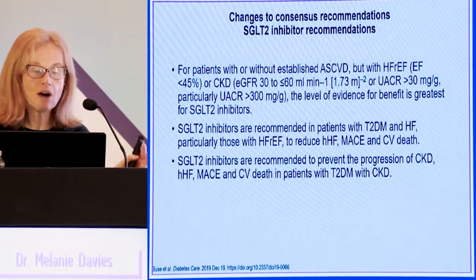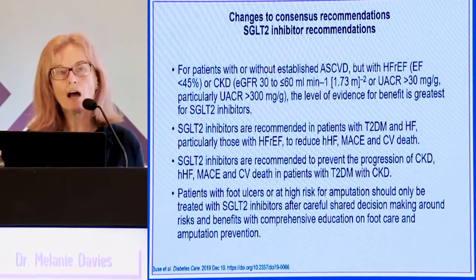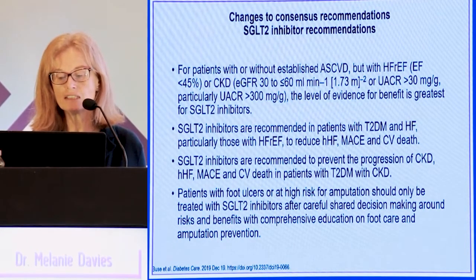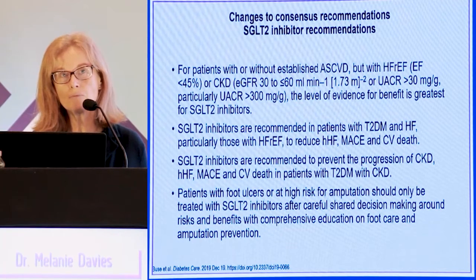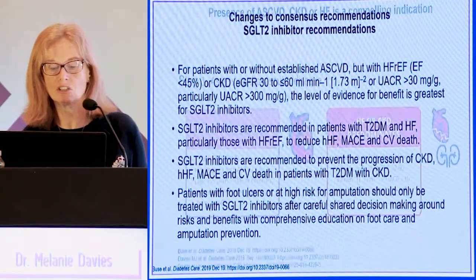So we are recommending their use in those groups of patients. On the foot ulcer story, we need to be careful about shared decision-making. In CREDENCE, where there was good surveillance of those patients, we didn't see the increased risk of amputation.